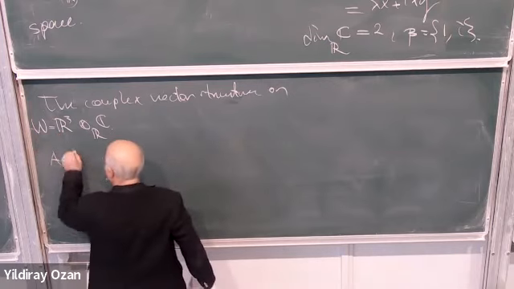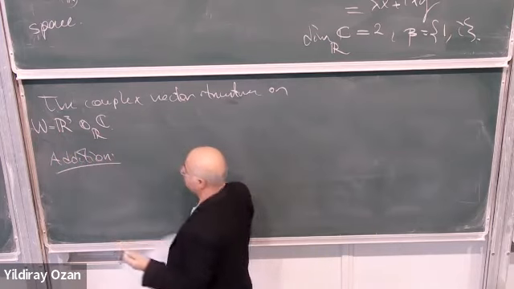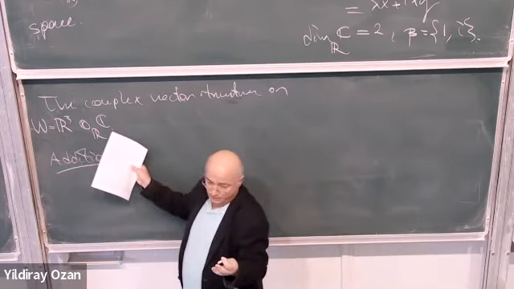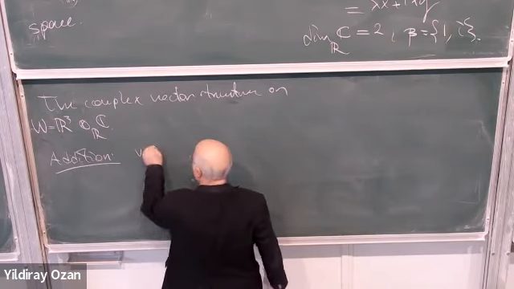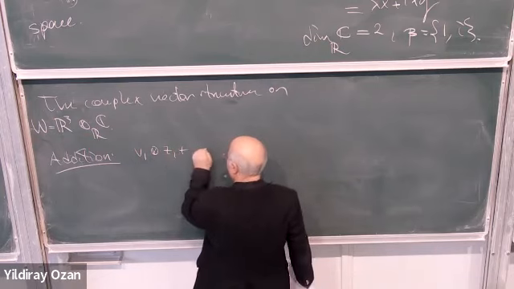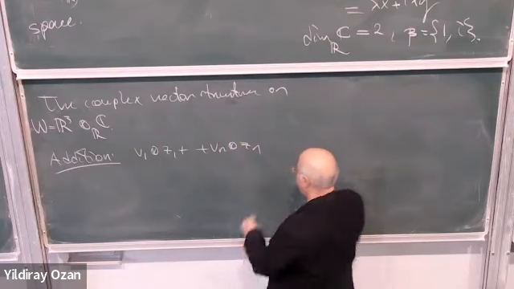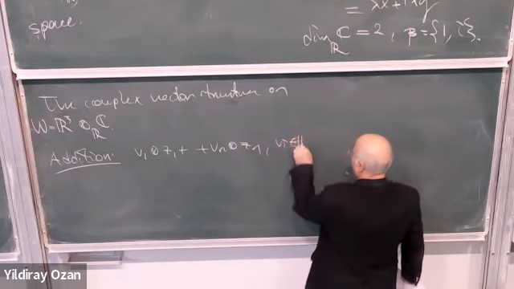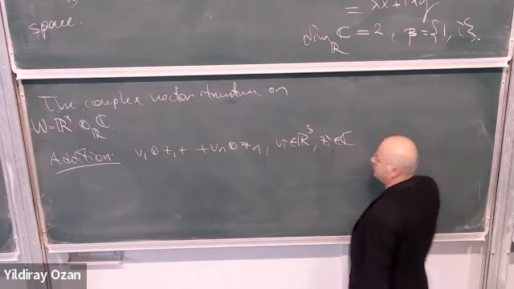Addition operation. Well, elements of this are just tensor products, so v1 tensor z1, up to vn tensor zn. These vi's are in R3, and the zi's are complex numbers.